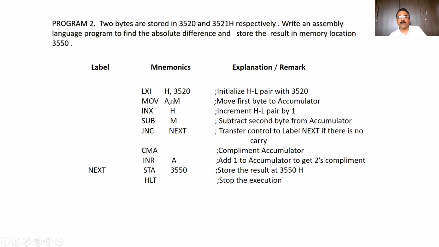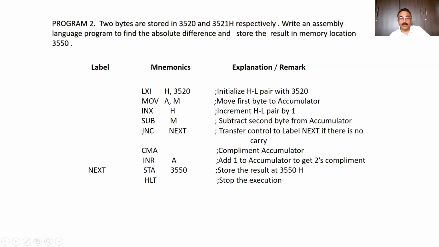Now here, we don't see which byte is bigger, whether the first byte or the second byte is bigger. You have to write a generalized program. So if the second byte is bigger, then at the end of this SUB M you will get the answer in minus. If the first byte is bigger, then there is no question of a negative sign, you will get a plus answer. So suppose you are taking the number 0A and you are subtracting, say, 05 from that. 0A is 10, and if you subtract 5 from that, your answer is 5.